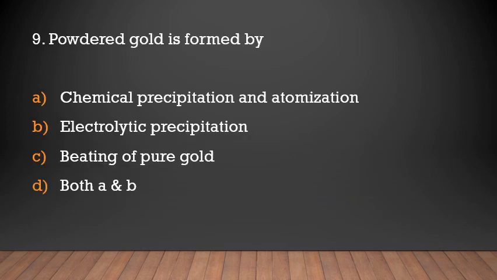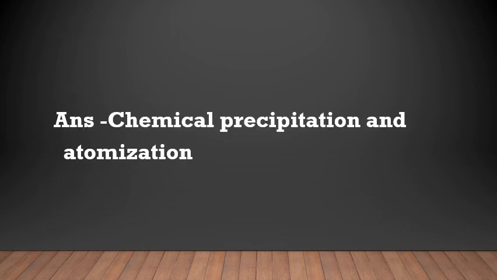Powdered gold is formed by chemical precipitation and atomization, electrolytic precipitation, beating of pure gold, both A and B. Chemical precipitation and atomization. Powdered gold, also known as granular gold, is made by the process of chemical precipitation and atomization.